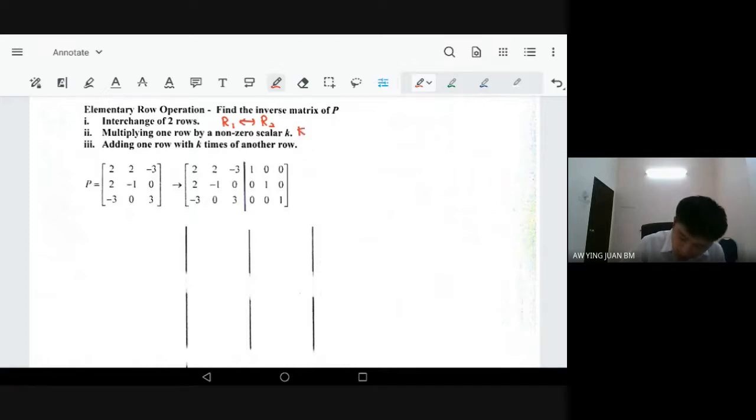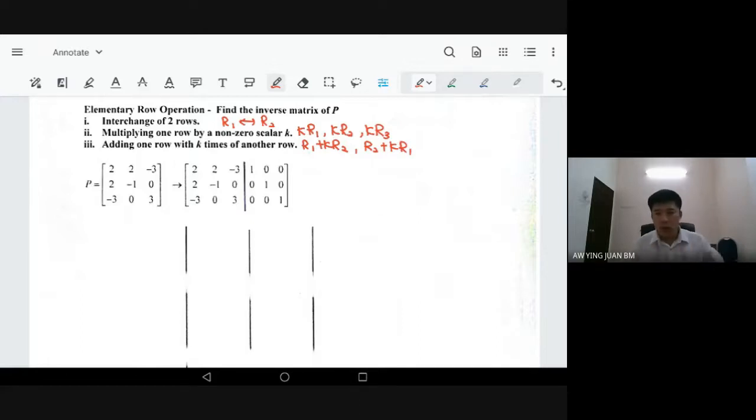So k multiplied with R1, or k multiplied with R2, or k multiplied with R3. Number 3, adding one row with k times of another row. For example, R1 plus k R2, or R2 plus k R1, and so on.